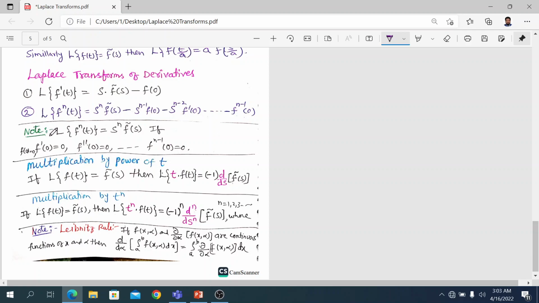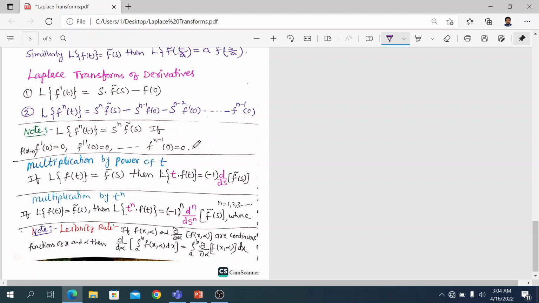Here note, Laplace of f n of t is equal to s power of n f bar of s if f of 0 is equal to 0, f dash of 0 is equal to 0, f double dash of 0 equal to 0, and so on, f of n minus 1 of 0 is equal to 0.